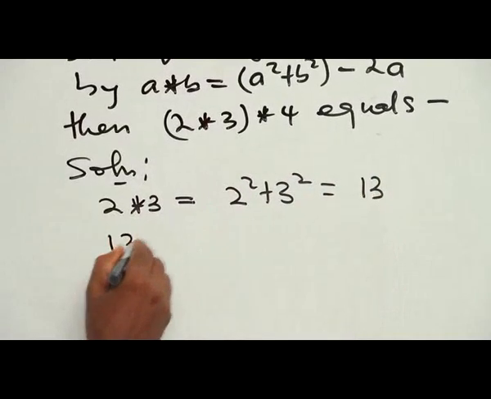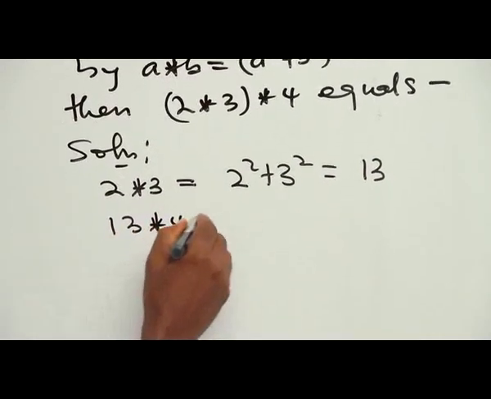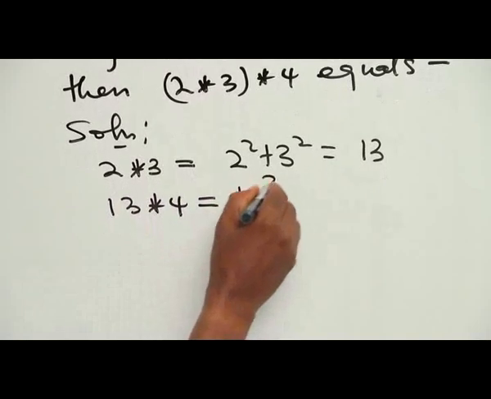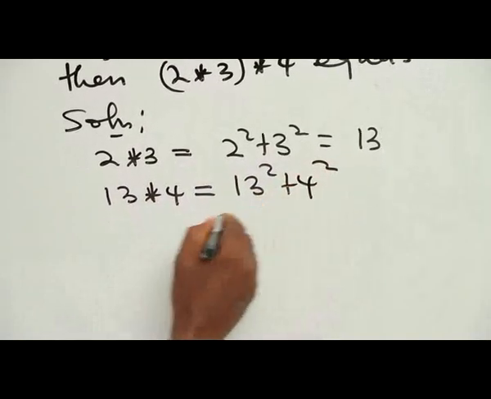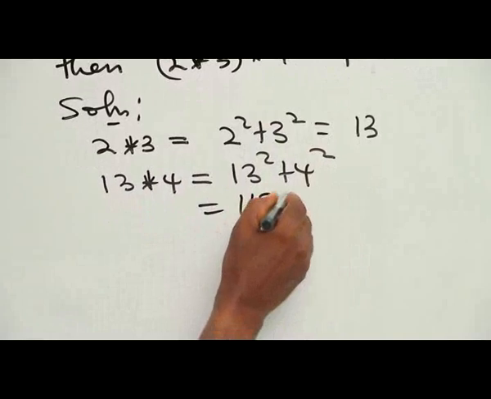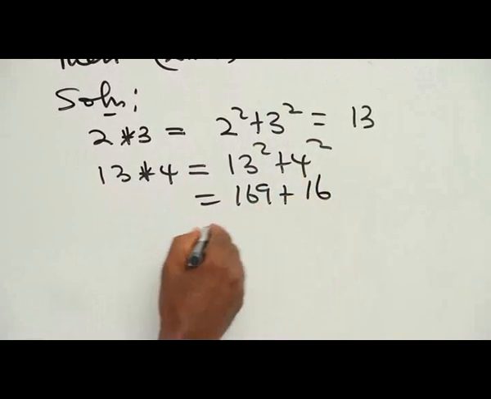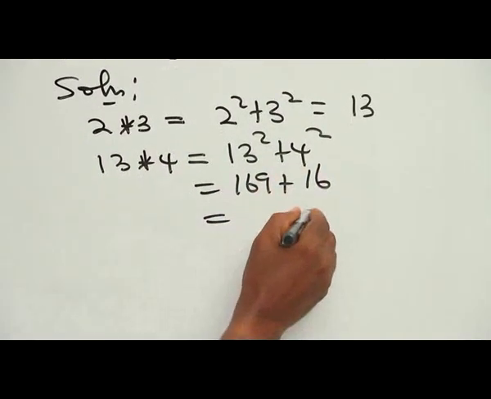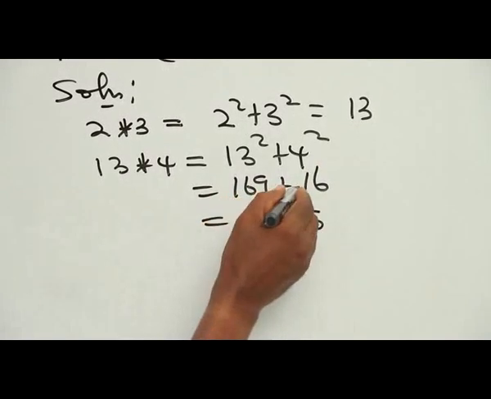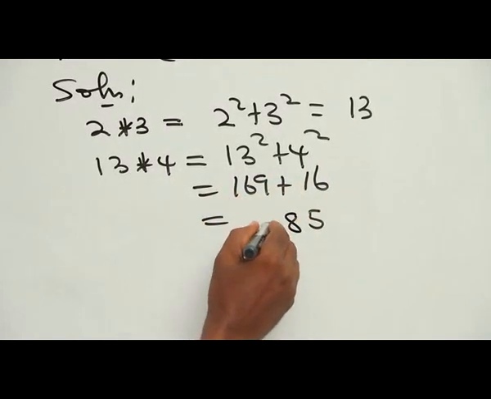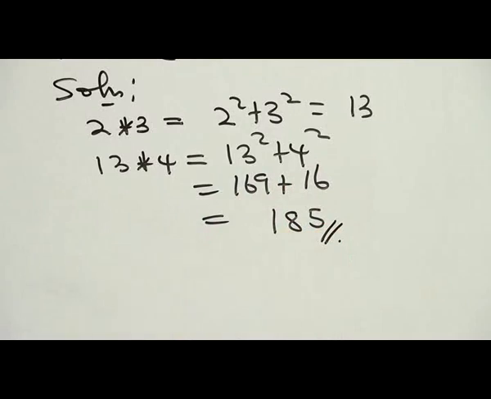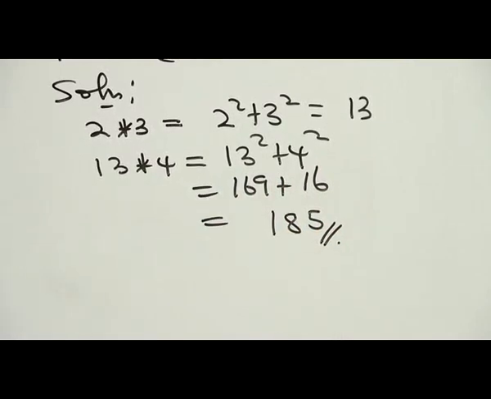Then you now take the 13 operated on 4 to give you 13 squared plus 4 squared. 13 squared is 169, 4 squared is 16, and that is 185. That gives you the result of the operation. The result of the operation is equal to 185.